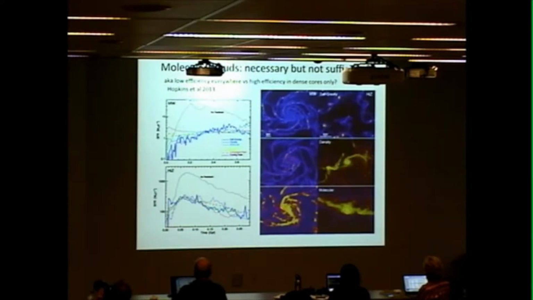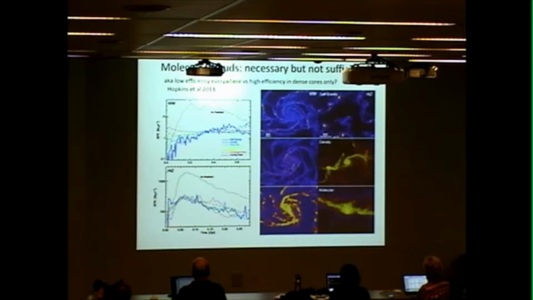This is an attempt at forming stars where there are molecules, so the molecular tracer, and this is another criterion that we'll come back to in detail, where you form stars in regions which are self-gravitating.